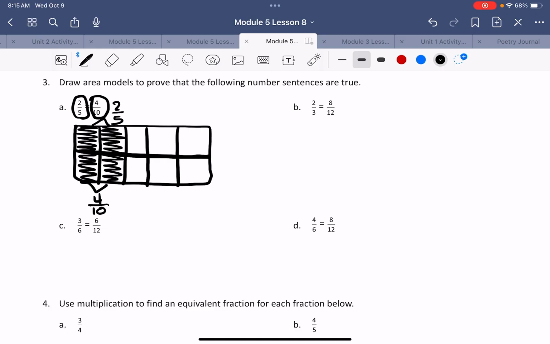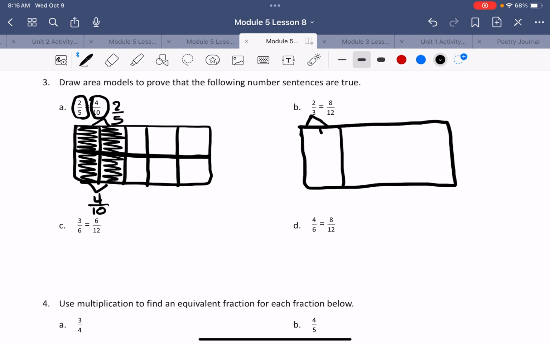B, we're going to draw a box and show 2/3. So we're going to break it into 3 parts. And we shade in 2 of those 3 parts.